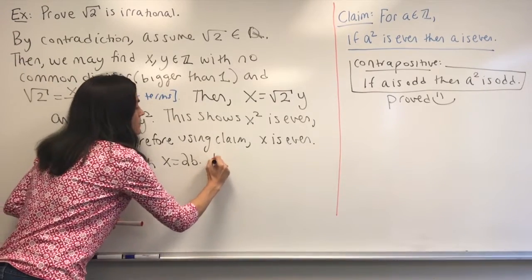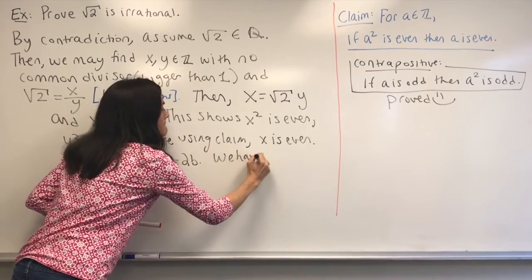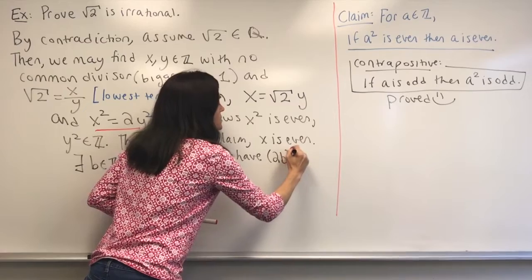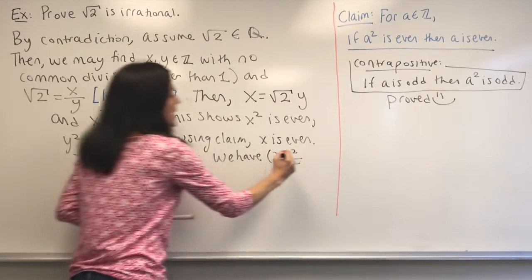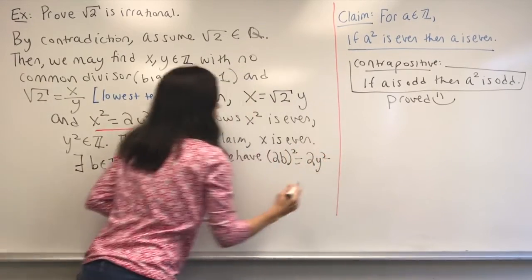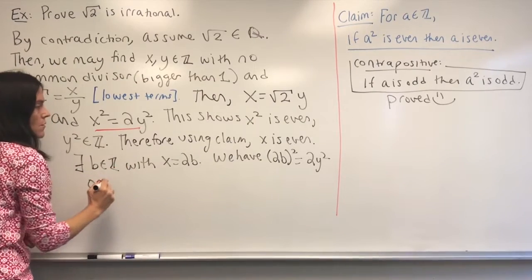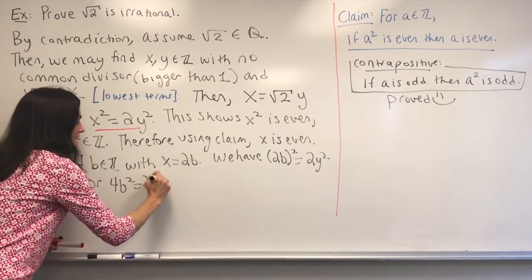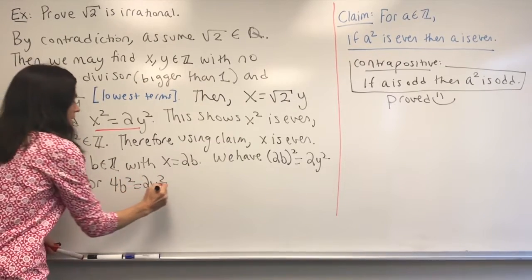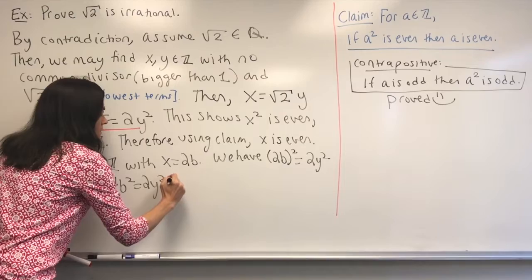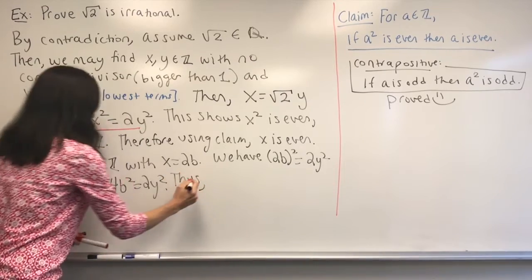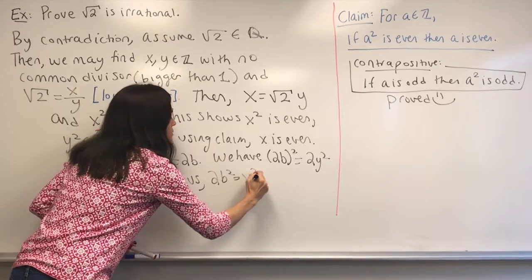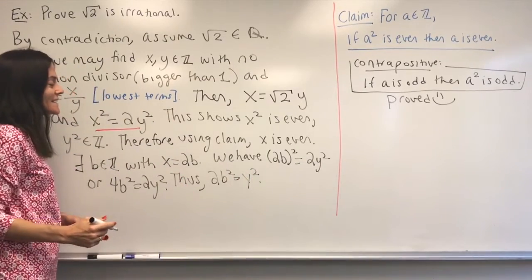So I have 2b squared equals 2y squared, or 4b squared is 2y squared. We may divide by 2. 2b squared equals y squared. Okay? Guess what?